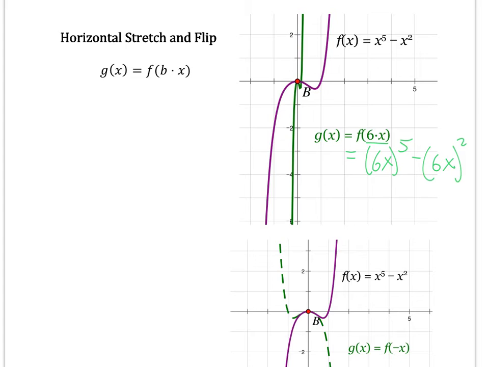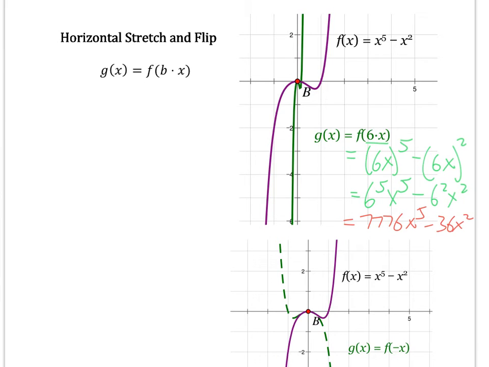We're going to get a pretty large number here. So this is going to be 6 to the fifth x to the fifth, got to remember our power rules, that 5 affects both of them, minus 6 squared x squared. And this turns out to be a pretty big number: 7,776x to the fifth minus 36x squared.